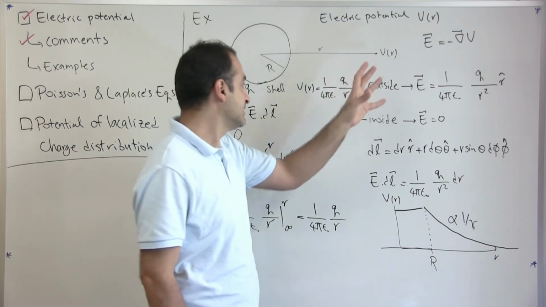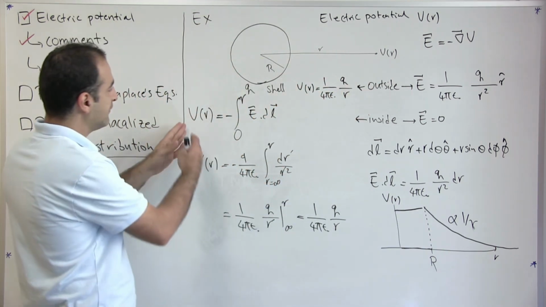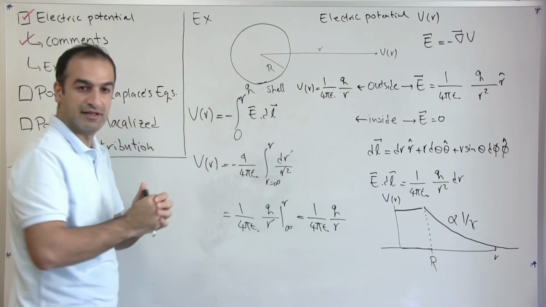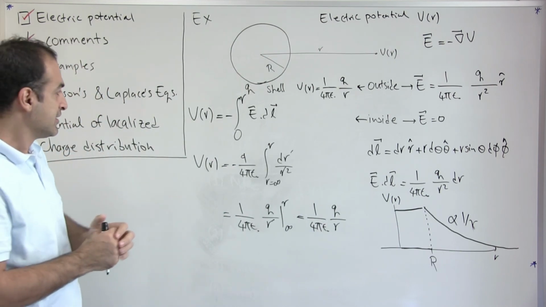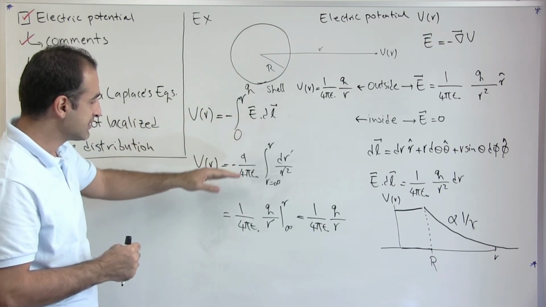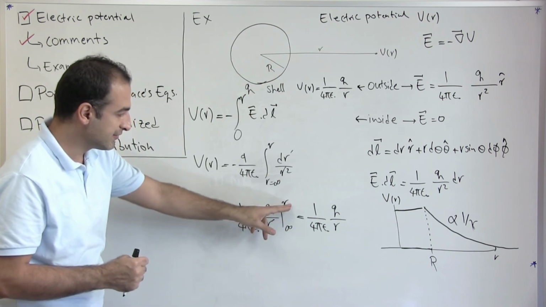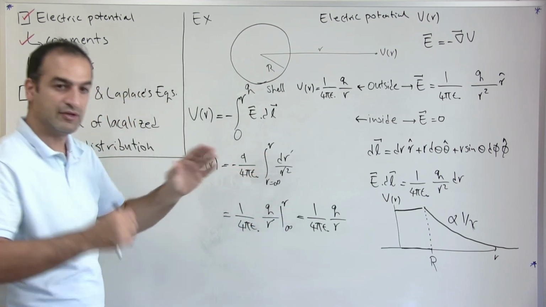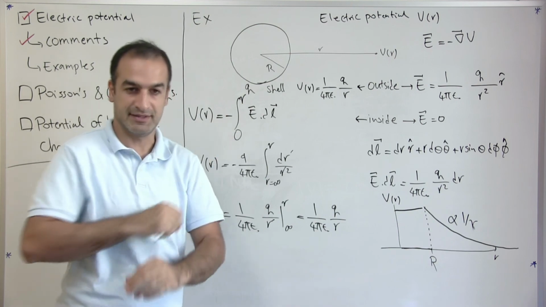And of course, this is going to be even more obvious if you follow the integral definition of the electric potential. So what's happening if you run this integral, instead of to point R, which is outside, you run it all the way to point R, which is inside the sphere.